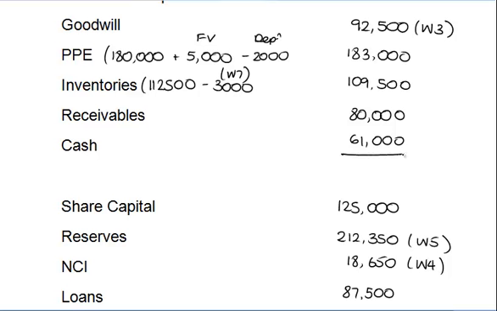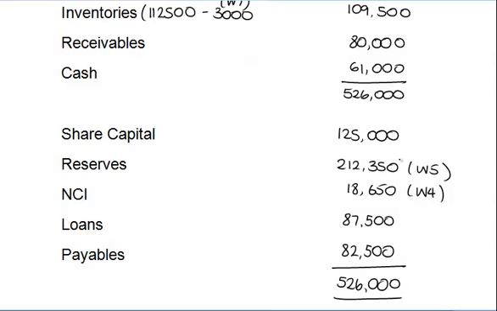And if we add that up, that comes to 526,000, which equals the bottom part of our statement of financial position.